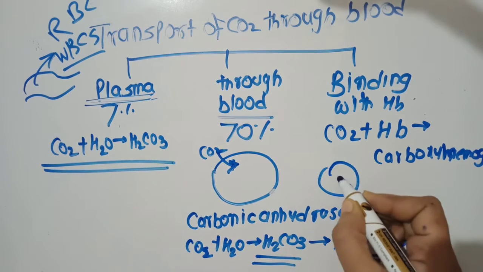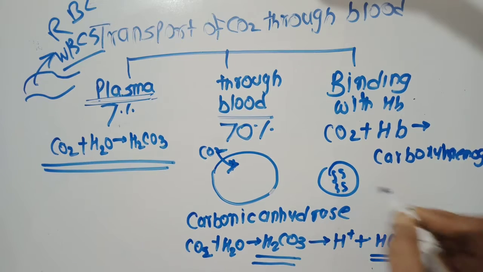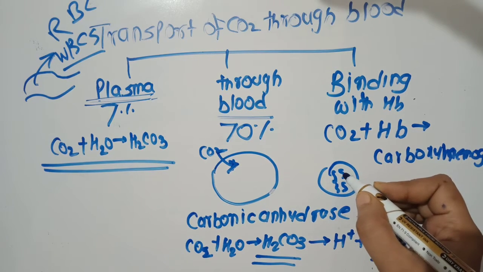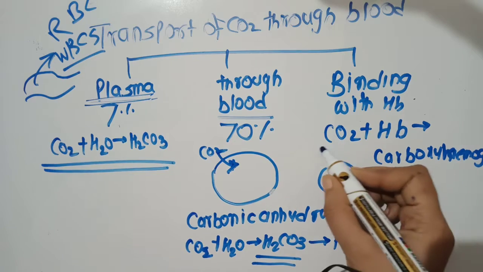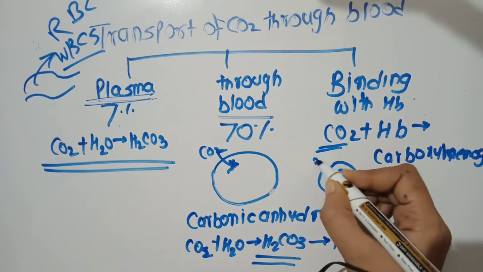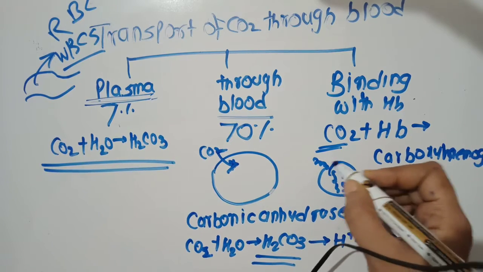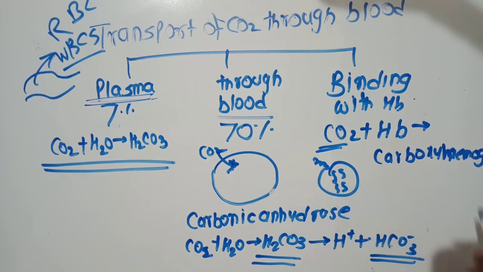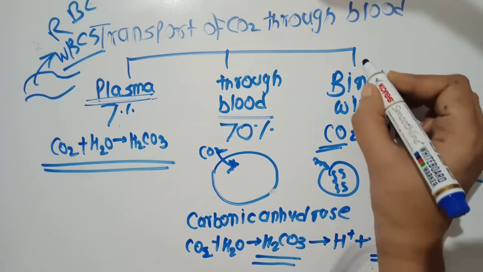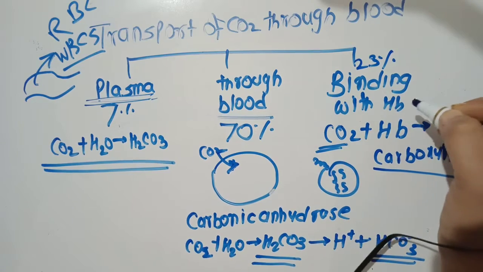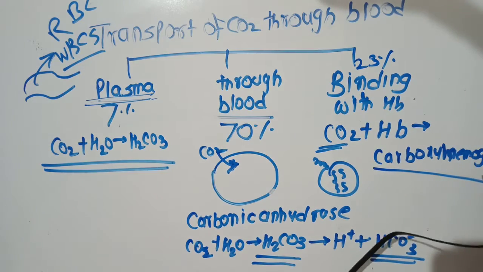I have shown you the chains of hemoglobin. The oxygen binds at the iron center, but the carbon dioxide binds to the side chain of this hemoglobin, and it forms carbaminohemoglobin. Nearly 23% of this carbon dioxide binds with hemoglobin and converts into carbaminohemoglobin.